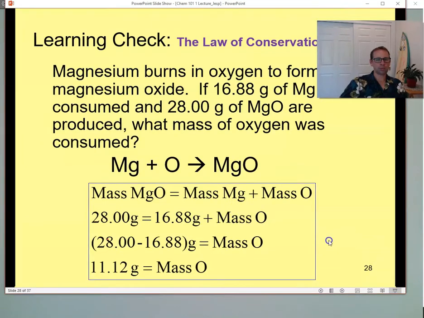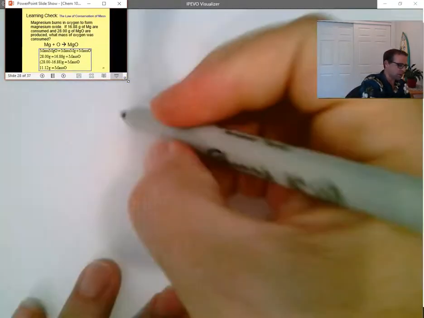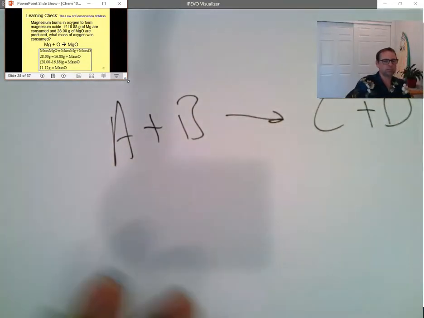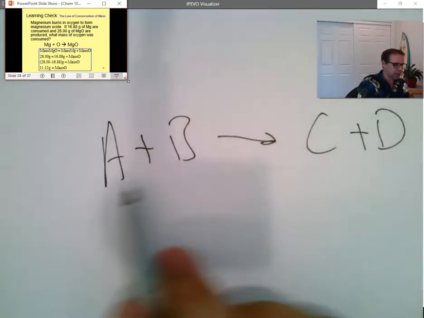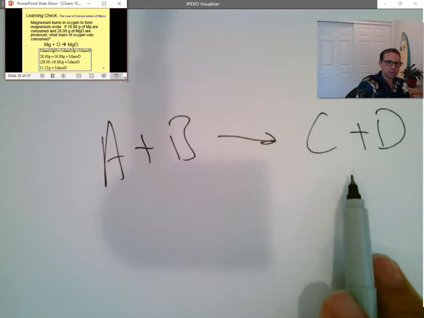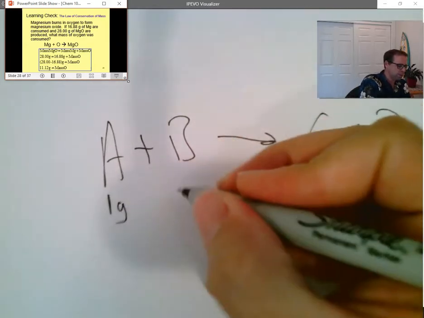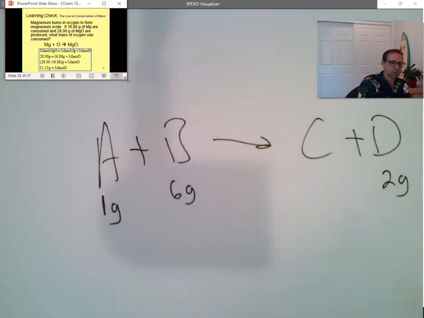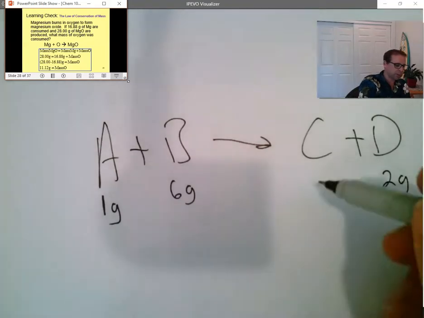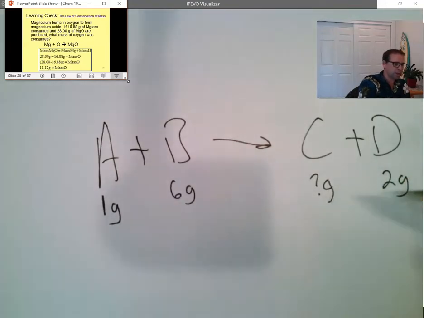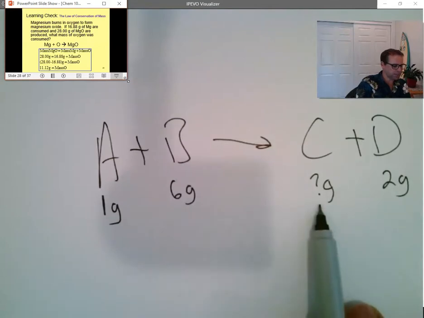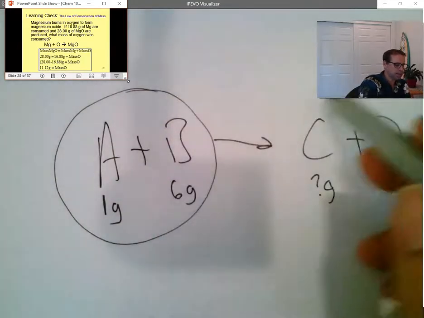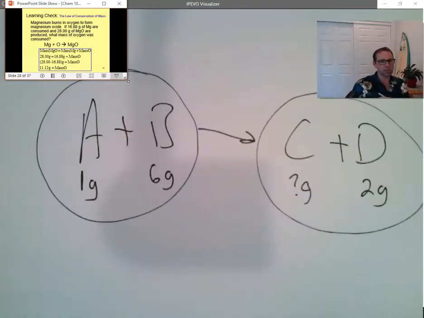Therefore, if I have a chemical equation where A and B come together to form C and D, and all the material is converted to C and D, and 1 gram of A reacts with 6 grams of B, and I get 2 grams of D, from that we should be able to know how many grams of C I'm going to get. How many should I get there? 5. That's right.